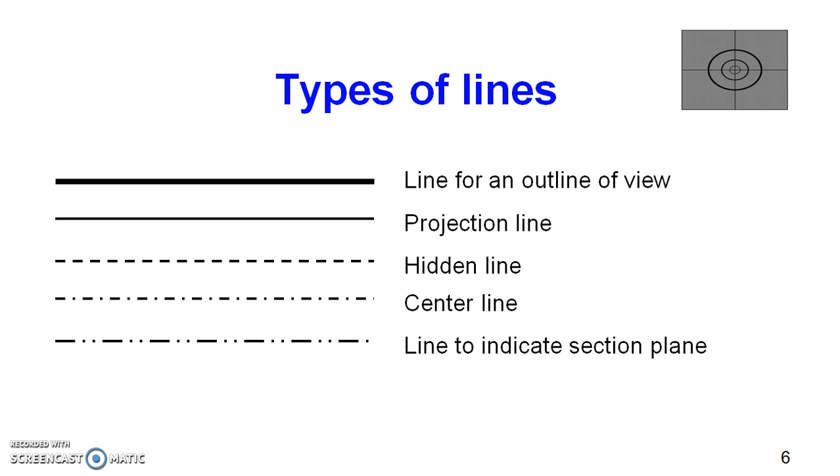Center line is used for showing the axis or centers of the circular features of the object. And line to indicate section plane is usually used to show the section lines or the cut section in any object.